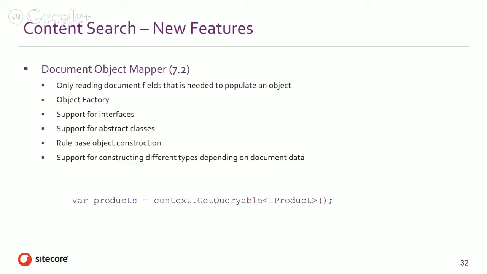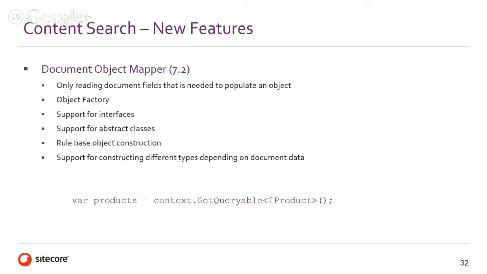So if you input a search type in your getQueryable call, and your T is an interface, the object factory can now create an object that implements this interface, and as well for abstract classes, we support that.